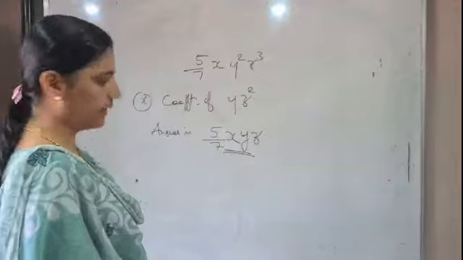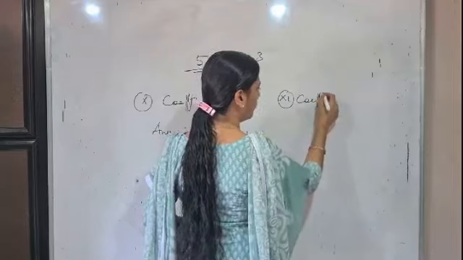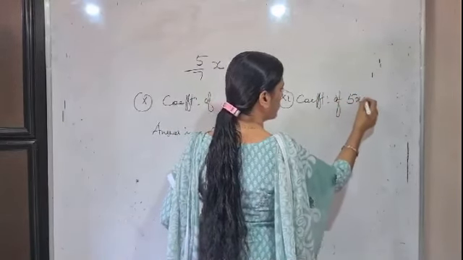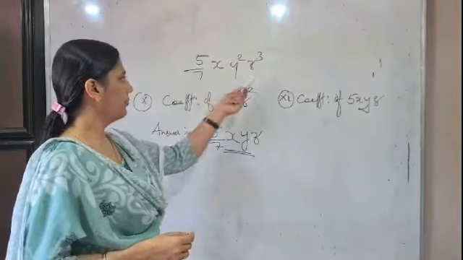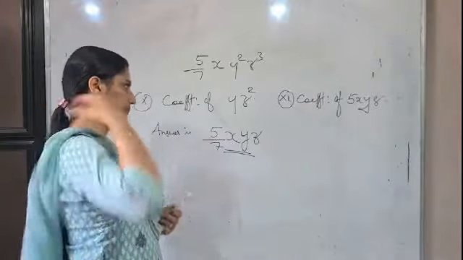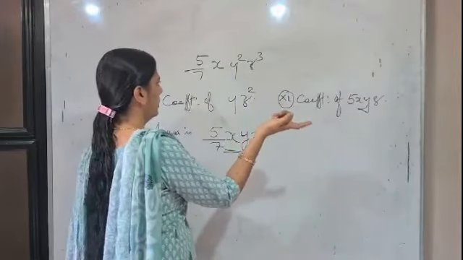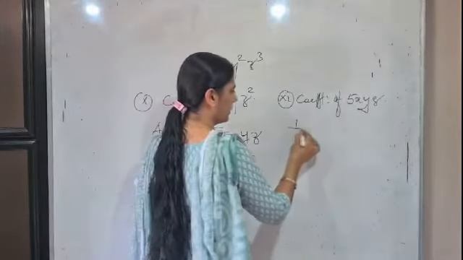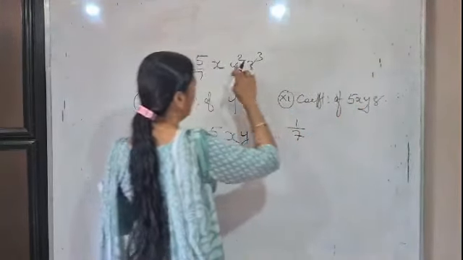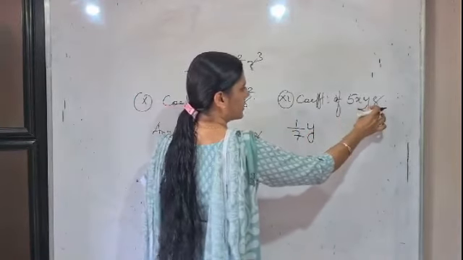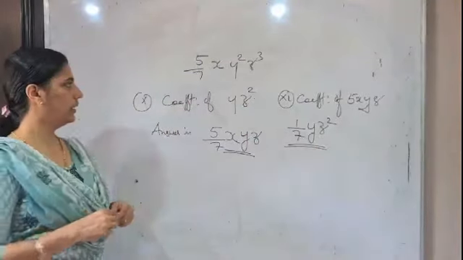What is the coefficient of 5xyz? Here we removed 5, so 1 by 7 remains.